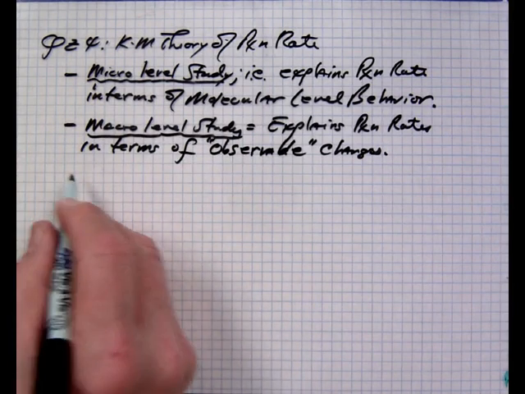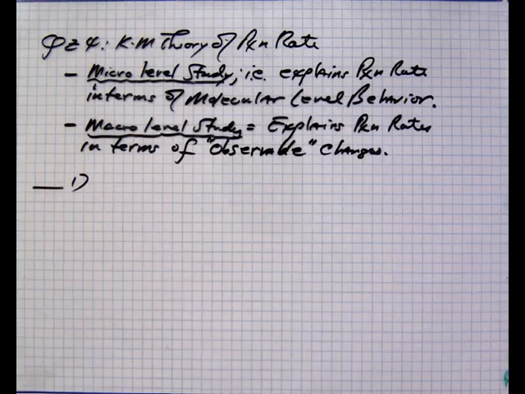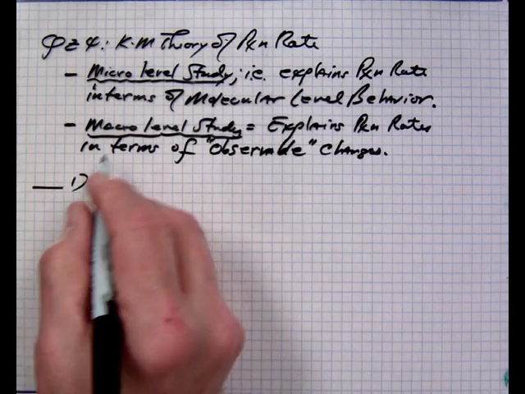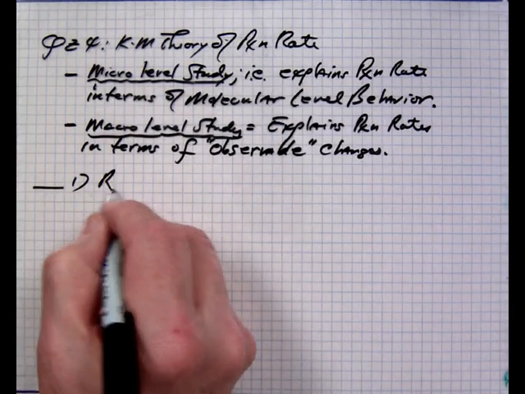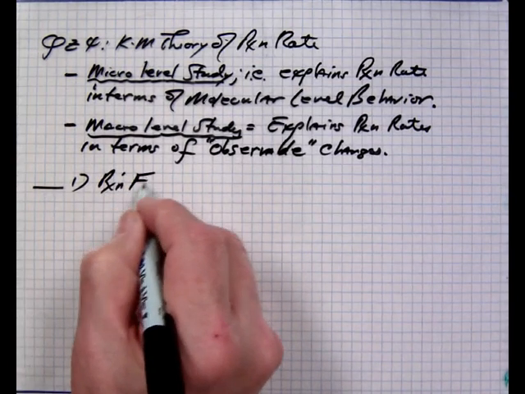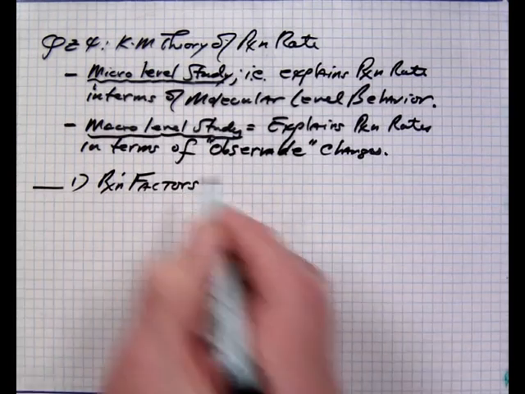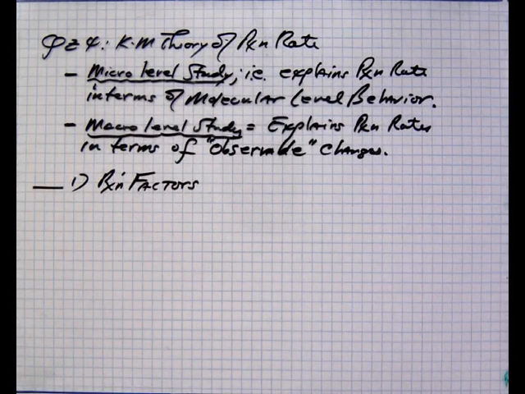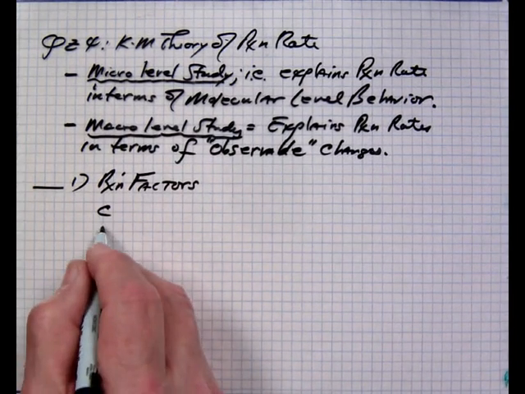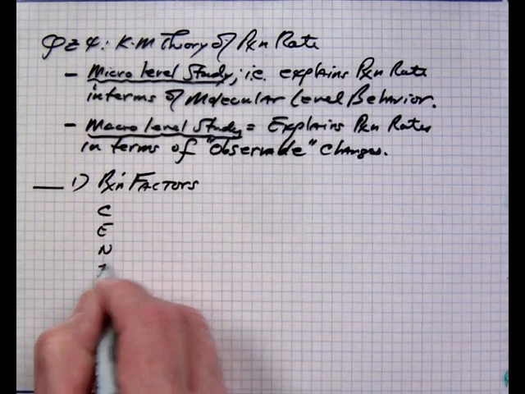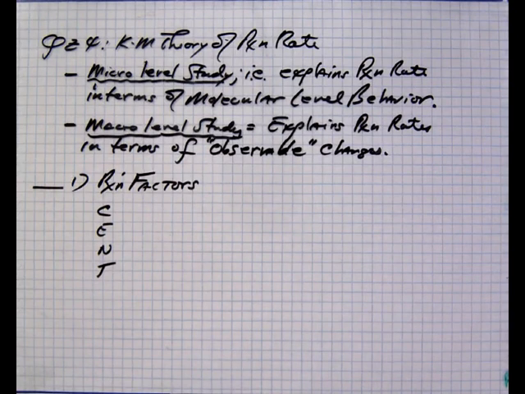Okay, now, using the principles of the kinetic molecular theory, we have what are called reaction factors. And I gave you a very simple acronym. What was that? CENT. C-E-N-T. Do not get this confused with the rate factors.